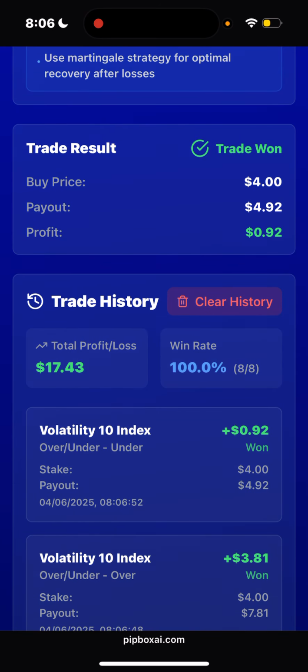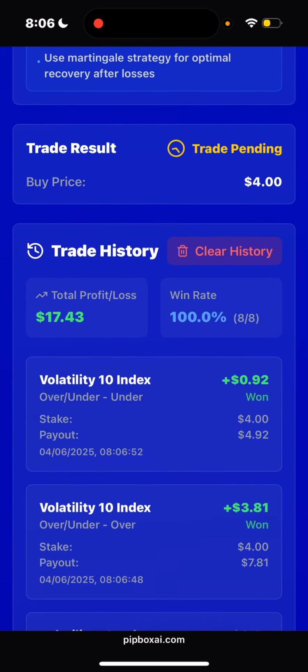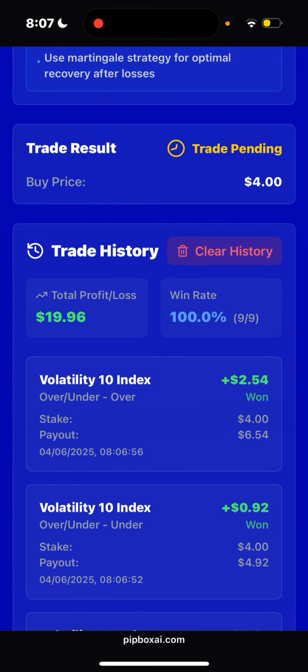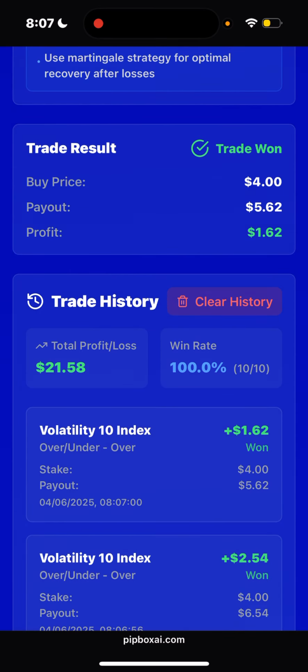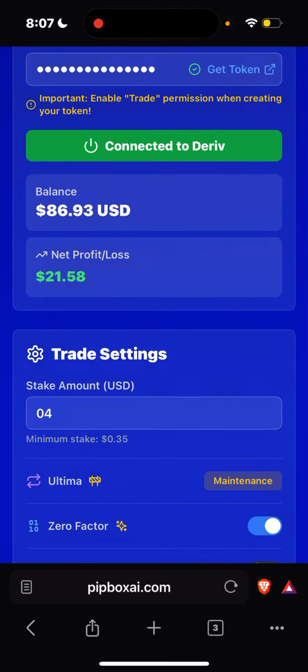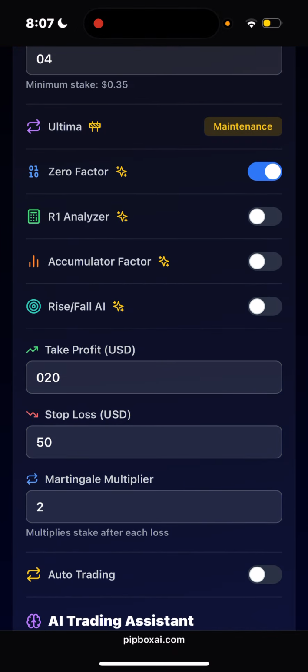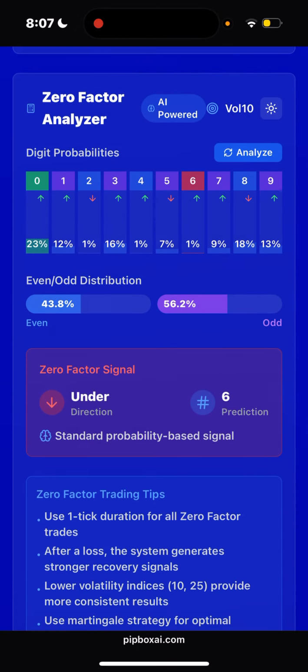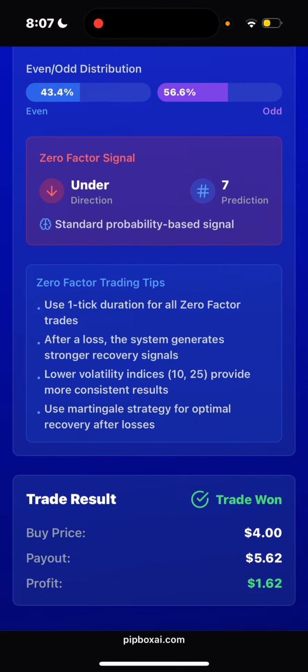This might not work for you, or manual trading might work for you. You have to practice, you have to train. It's a risk to ignore. It's very risky to be ignorant, very, very risky. So make sure you manage your losses very well.